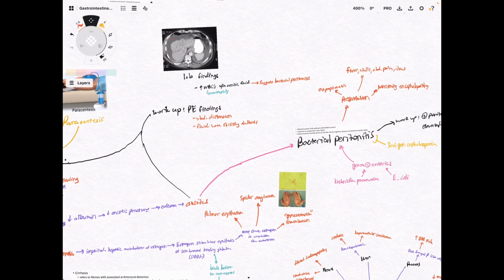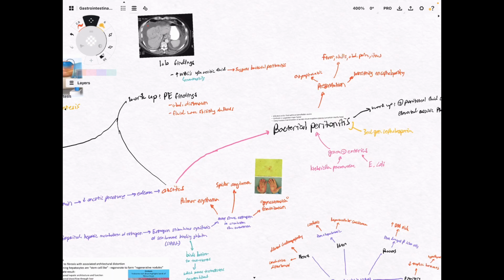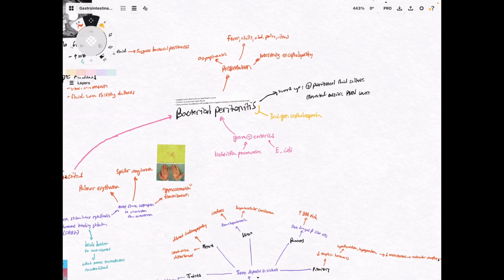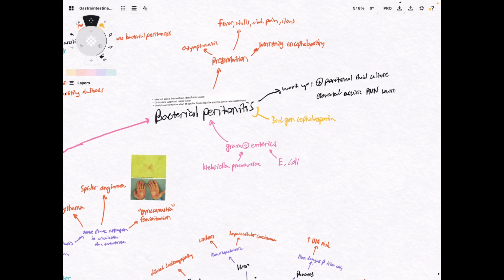And remember, neutrophils are more common with bacteria. So the two bacteria that you should be familiar with for bacterial peritonitis are gram-negative Klebsiella pneumoniae and Escherichia coli, right? So those are the two bacteria there that can cause that.